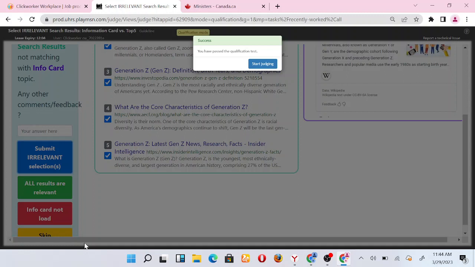You have seen it. One, it must talk about something related to the info card. It might not be explicit, but it will be related. If it's not giving you much information about the info card, even if it has something to do with it, then it's irrelevant.